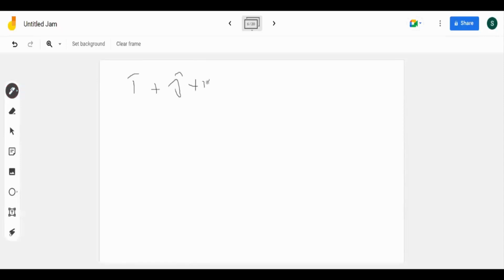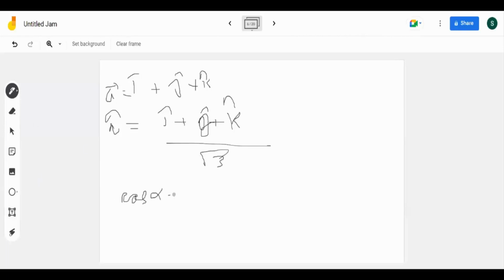If we find its unit vector, let me call it vector A, we will get i plus j plus k by root 3. Now we can see its unit vector coefficients are equal. That is, cos alpha equals cos beta equals cos gamma equals 1 by root 3.